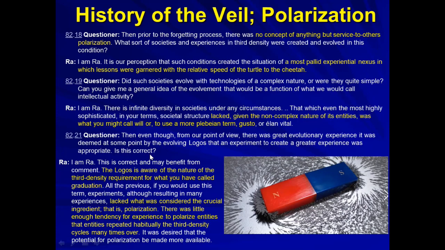So they saw the problem of people's apathy, the sons and their wisdom. And again, you're talking about very highly intelligent entities in their own right. They said, we need to do something to fix this third density problem. We're getting kind of stalled in third density. And that's what Don is asking. Ra says that's correct, and may benefit from maybe comments.